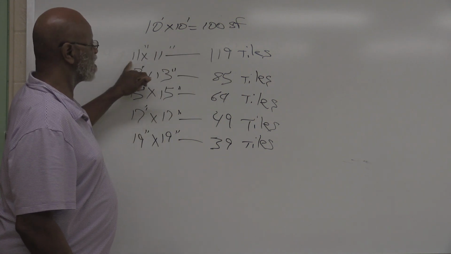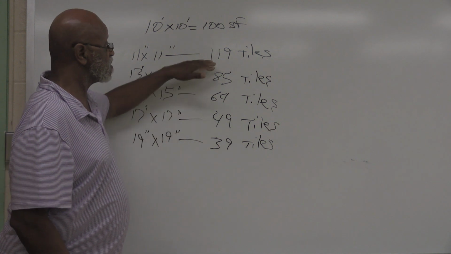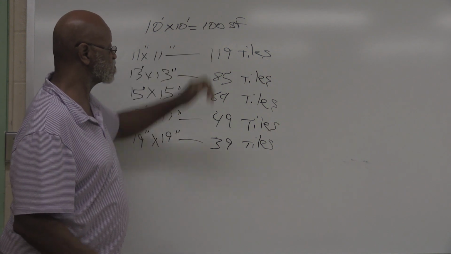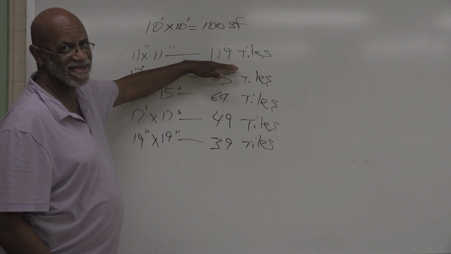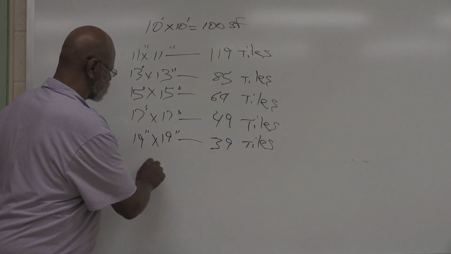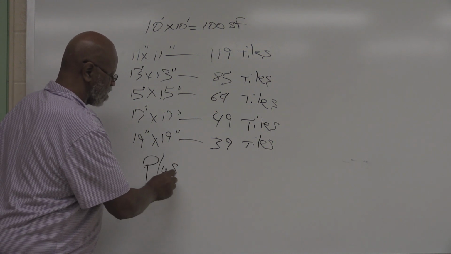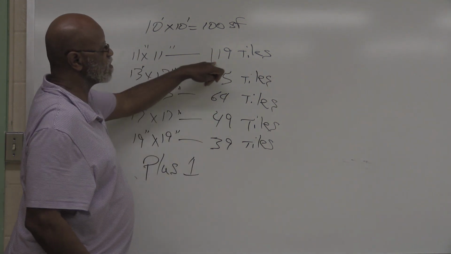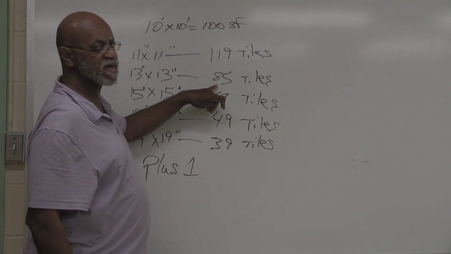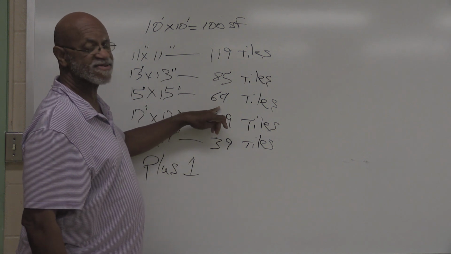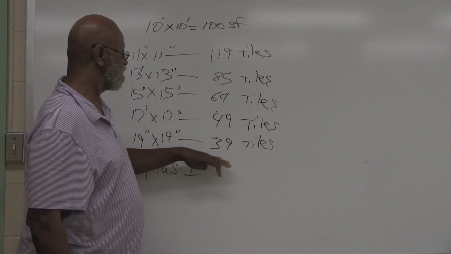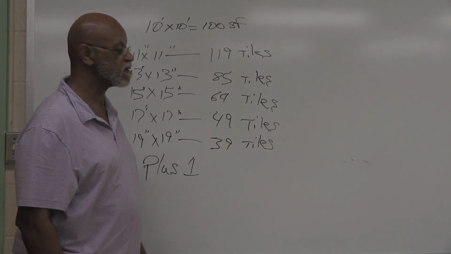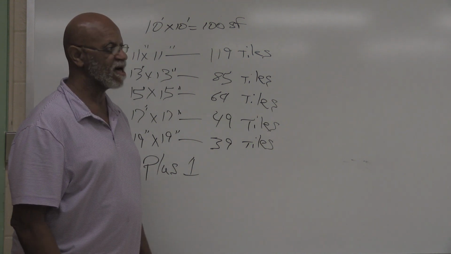Okay, so for 11 by 11 tiles, based on 100 square feet, we need 119. I like to use this method I was using for my estimating. It's plus 1, right? So this will be 120. This will be 86, 65, 50, and 40 tiles that I would need.